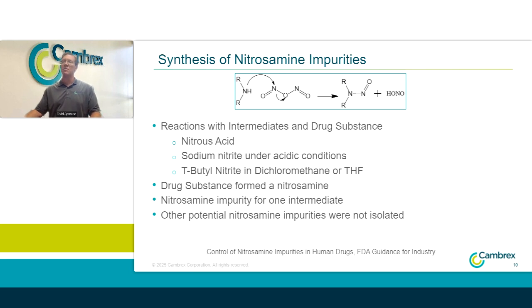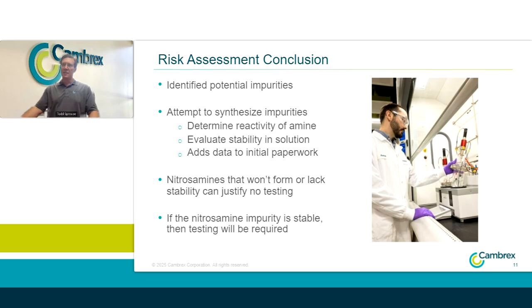And all of this was included in a final report by the process chemistry team to the client and supported their risk assessment. So again, this basic risk assessment is always recommended to be started early, but you need to identify the potential impurities, attempt to synthesize those impurities by determining the reactivity of the amines within your molecule, and evaluate that stability in solution.